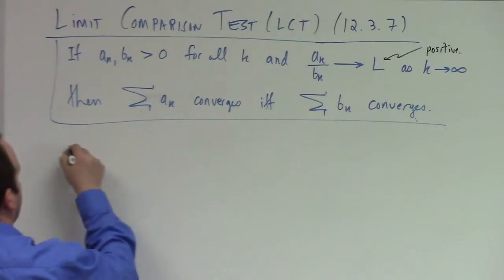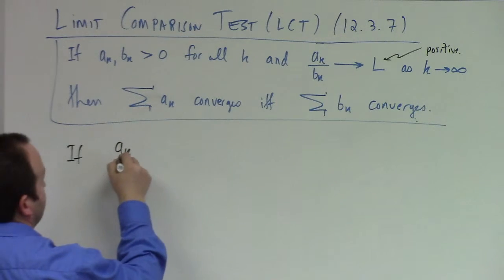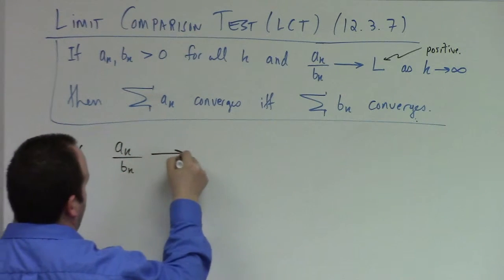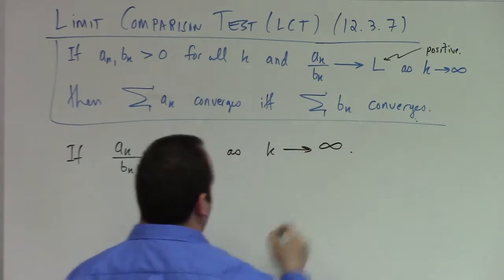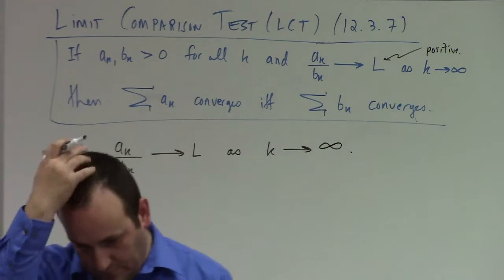Well, if a sub k over b sub k goes to L as k goes to infinity, what does that mean? What does that tell us?